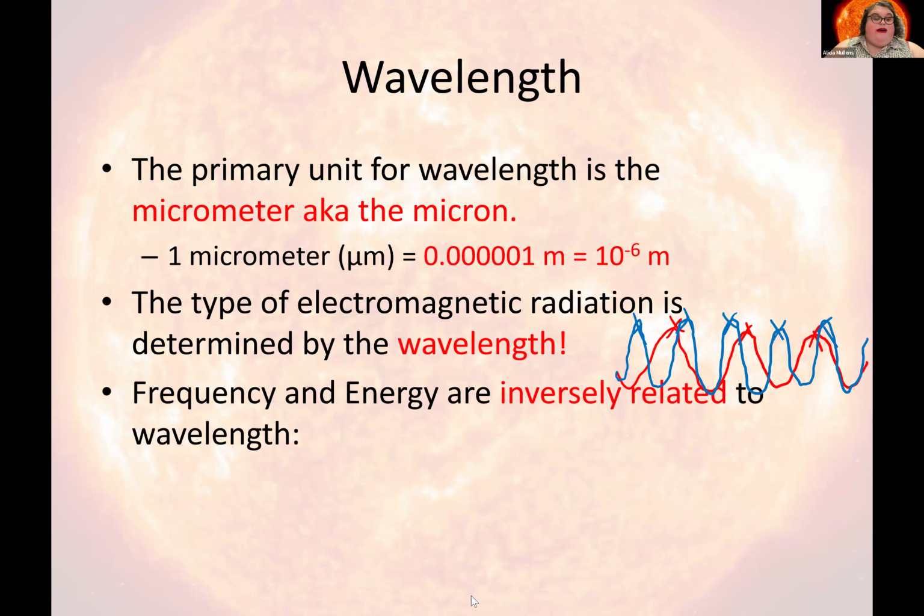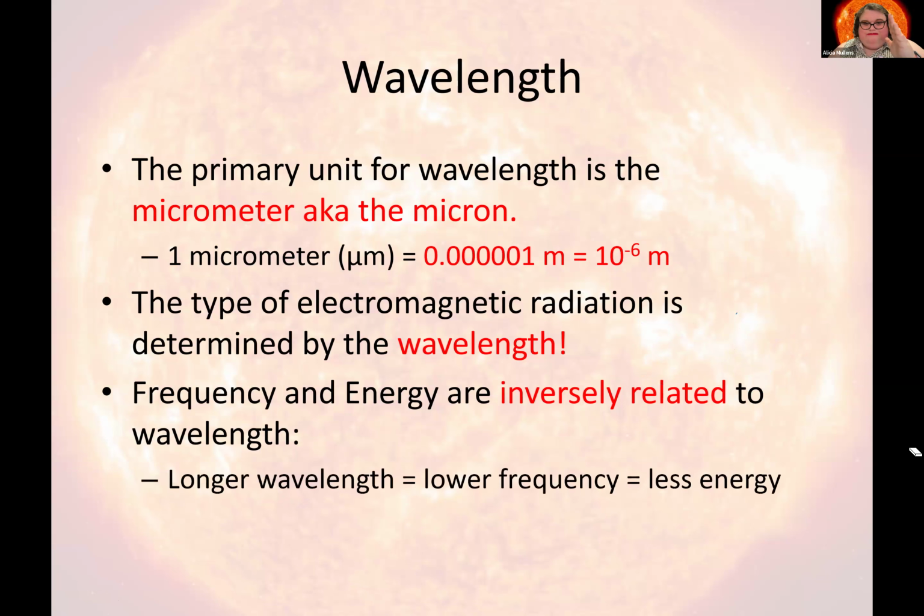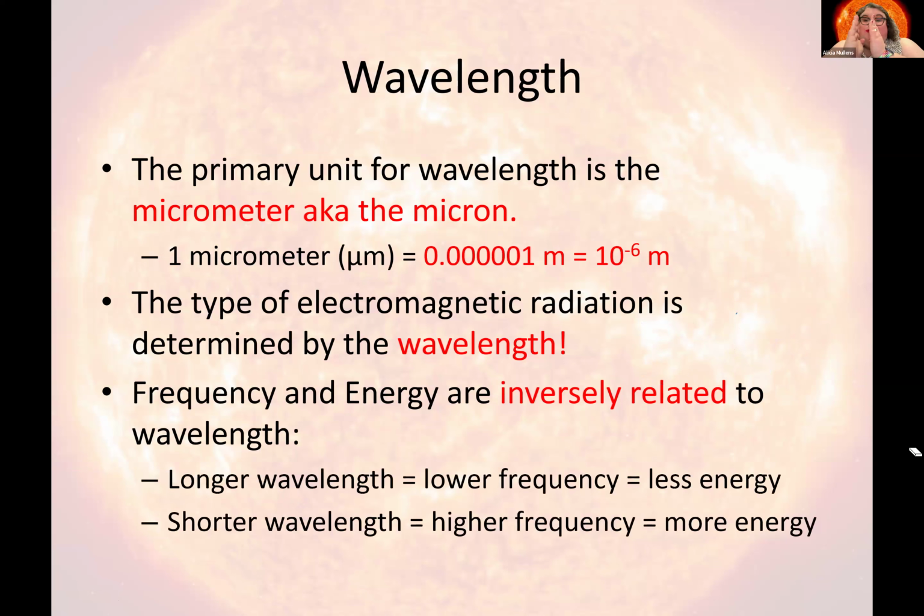This is what we call an inverse relationship. Basically, when one thing goes up, the other goes down. So longer wavelength, less frequent, less energy. Longer wavelength, lower frequency, less energy. Shorter wavelengths, higher frequency, and more energy.